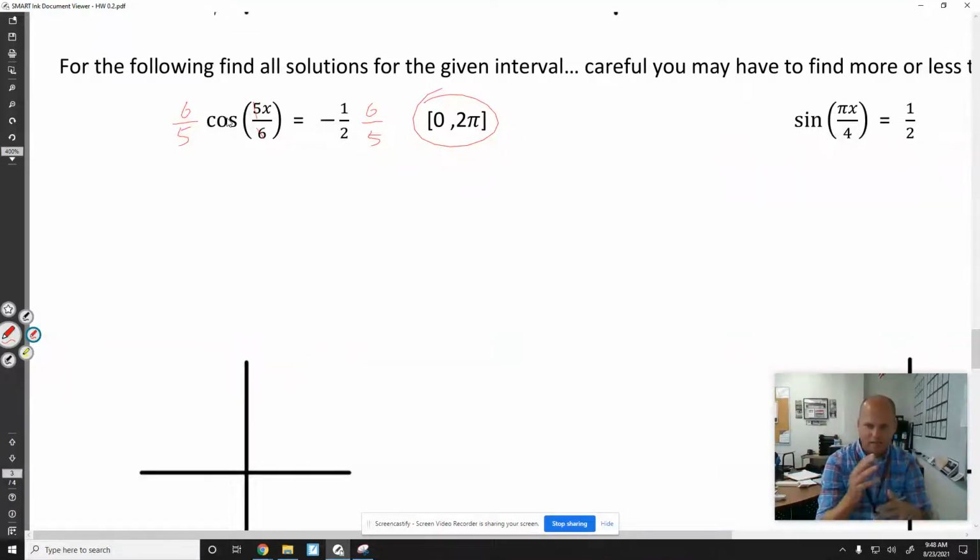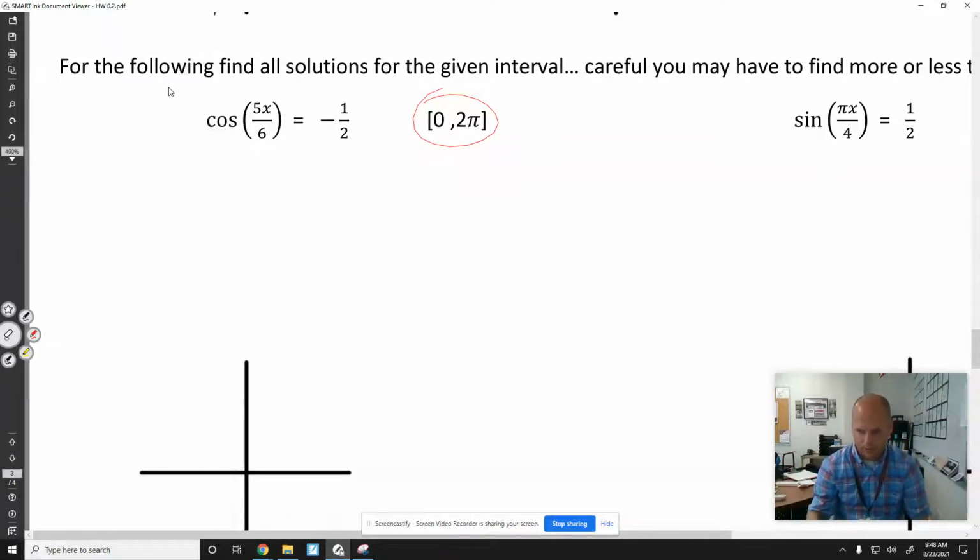Functions need to be gotten rid of last. I'd have to get rid of the cosine to be able to get rid of the 5 and the 6. You can't do this unless the cosine was gone. Cosine takes precedence. The cosine is trapping the 5x over the 6 in its clutches. You'd have to get rid of the cosine if you wanted to do anything to the 5 or the 6. So get that out of your brain.